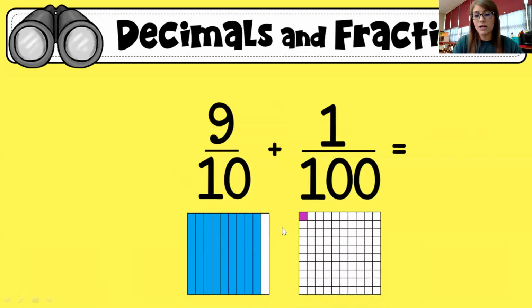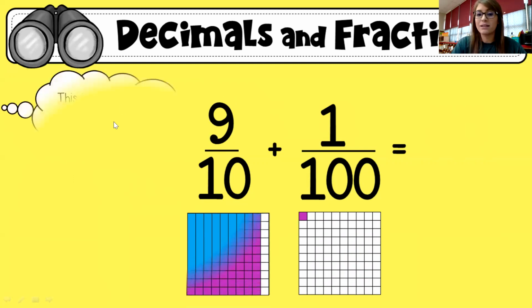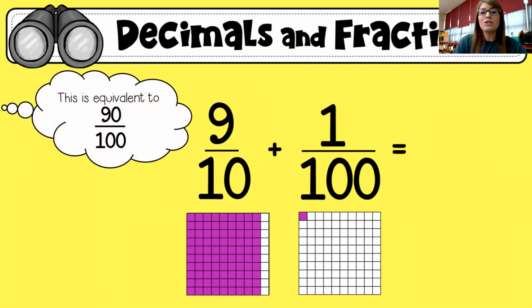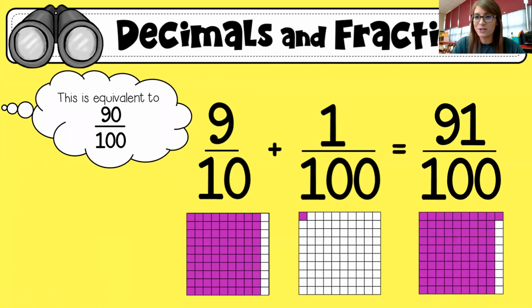Here's 9/10 shaded in, and here's 1 100th shaded in. 9/10, when we change it to hundredths, is going to be equivalent to what? 10 times 10 gives us 100. 9 times 10 gives us 90. Very good. So we are going to be adding not 9/10 plus 1 100th, but we are going to be adding 90 100ths to 1 100th. So 90 hundredths plus 1 hundredth is 91 hundredths.